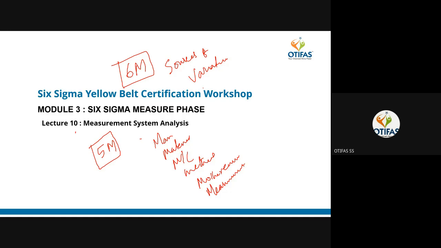The variation will be because of man. Now what happened? After passing out your graduation, you may join some MNC. Now you have been given charge of a process. Now you are totally new, and some errors may happen from your side, some mistakes may happen, because you are not as experienced as another person. So in your first 1 or 2 months, you are prone to make more mistakes.